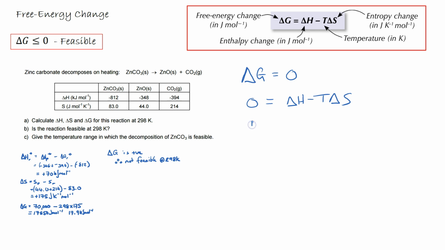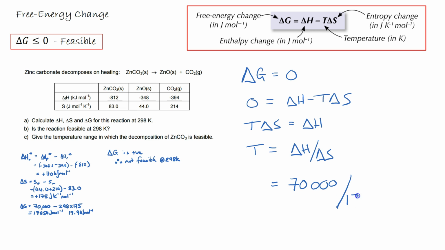We can see that we have T delta S equal to delta H, and then the temperature at which it becomes feasible is delta H over delta S. And so taking from our previous values, we now have 70,000 over the entropy value there, which was 175.